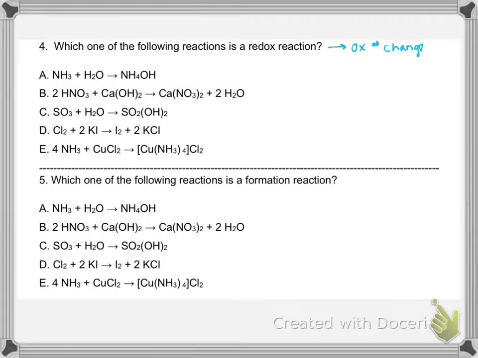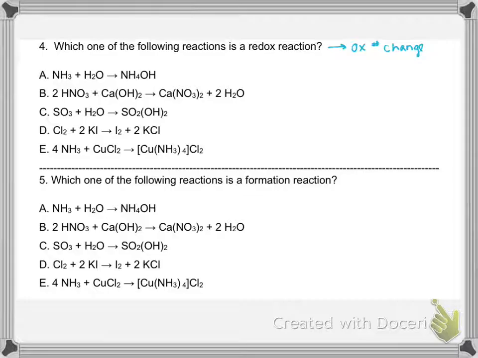Okay, for number 4, they want us to pick out which of the following reactions is a redox reaction. And so we want to look for the reaction where there's a change in the oxidation numbers, because that will correspond to some transfer of electrons. So we'll have to assign for all of the atoms in all of these molecules.